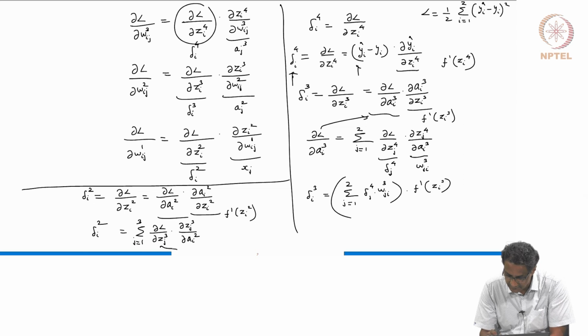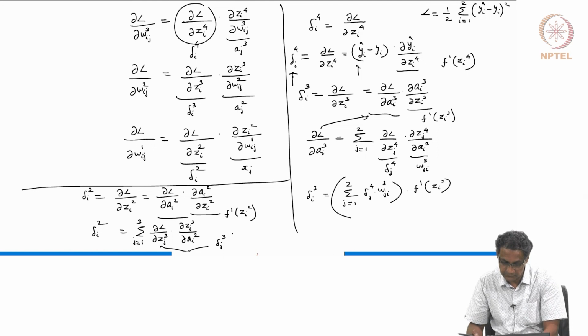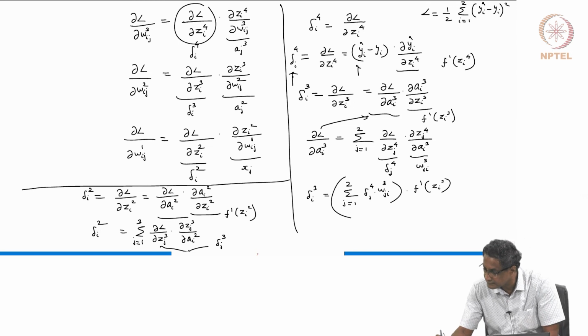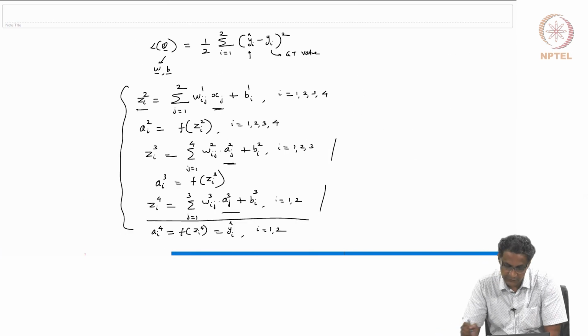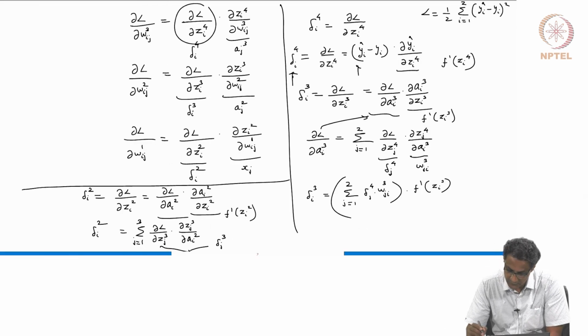Now, this is our delta J3. Zj3 is here and you are taking the derivative with respect to Aj2, therefore it will become Wji2. So, this becomes summation of delta J3 Wji2 times f dash of Zi2.